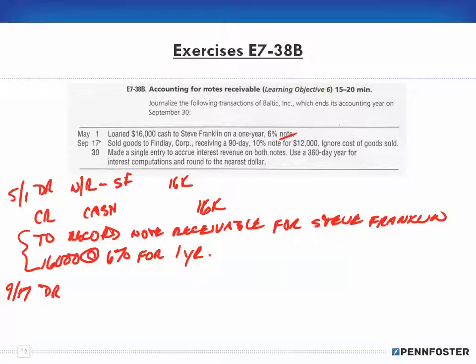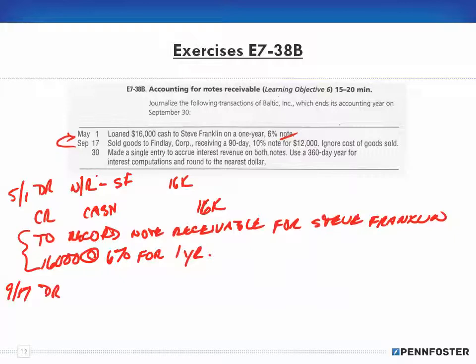For May 1st, we were lending cash, but in this case, on September 17th, we're not lending cash. Instead of having an accounts receivable, we're creating a notes receivable, because remember, accounts receivable we expect to get back in 30 days.